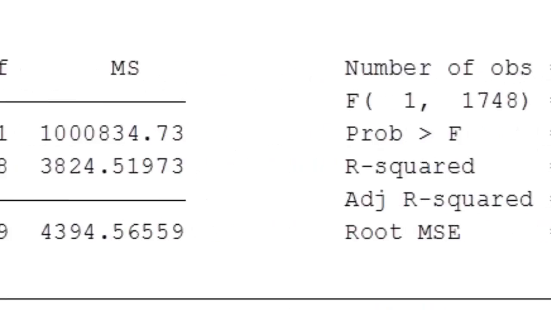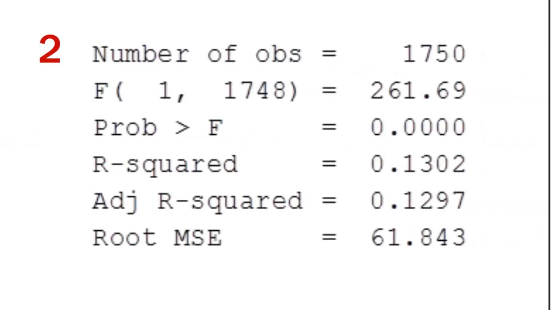So moving over to the right, you see that we have an F statistic. The F statistic here with 1 and 1,748 degrees of freedom is 261.69. And as you remember, that 261.69, our F statistic, our F ratio, is equal to the mean model, or between groups, sum of squares divided by the mean within groups sum of squares.